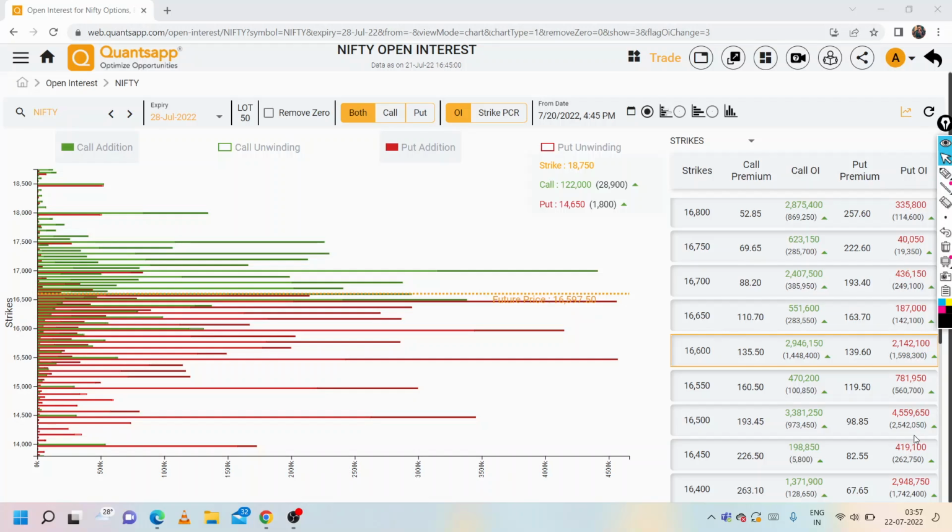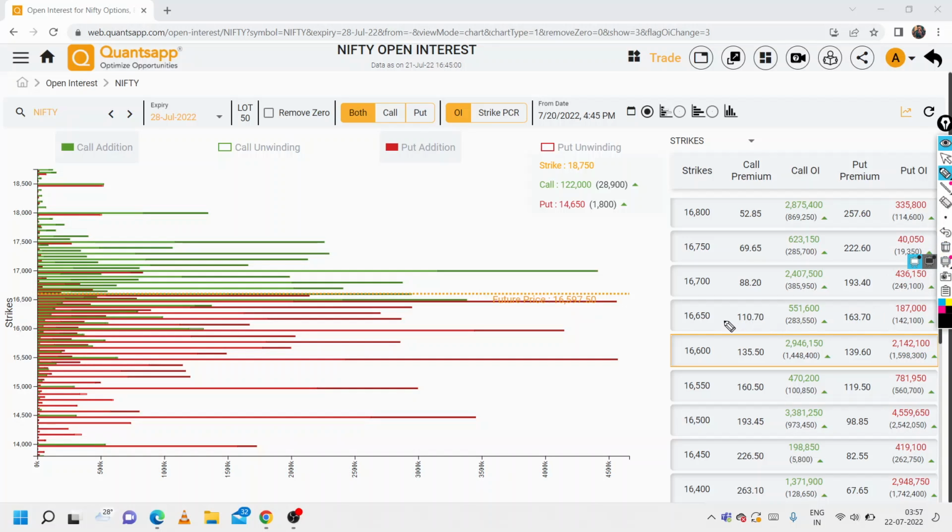Now the highest support that is placed is on 16,500, where you can see that 25,42,000 puts are being added and 9,73,000 calls were added. So puts are at least 3 times of the calls, as you can see on 16,500.